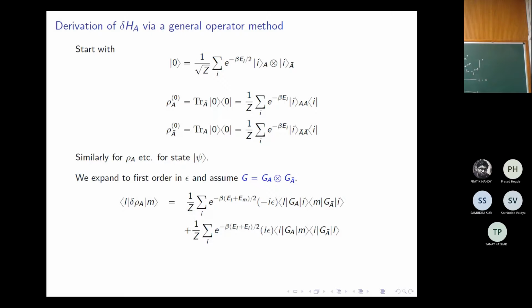So for GA tensor GA bar to first order, whatever result I have will go through for some GA, and this is a special case of this. This equation that you're writing, I completely agree. I'm just saying that the left-hand side of that equation is not the same thing as that. Left-hand side meaning G? No, left-hand side of that.